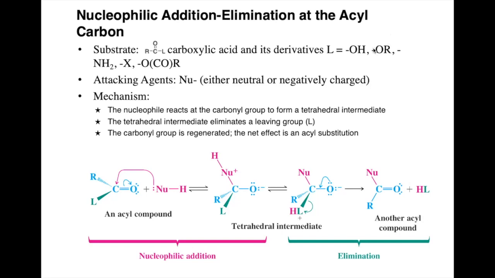OR, that will be an ester. NH2, so you have an amide. Halogen, so you have an acyl halide. And you have an OC double bond OR, so you have an anhydride. So in general, we are referring to carboxylic acids and their derivatives. Okay, so yun yung ating substrate.